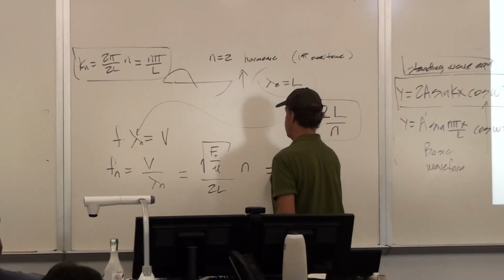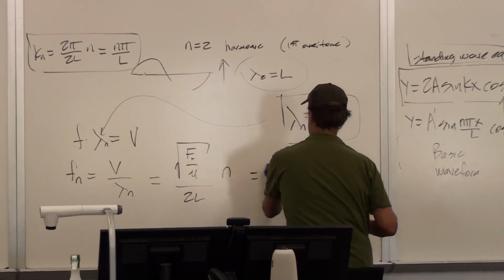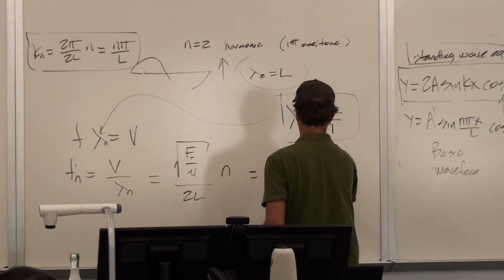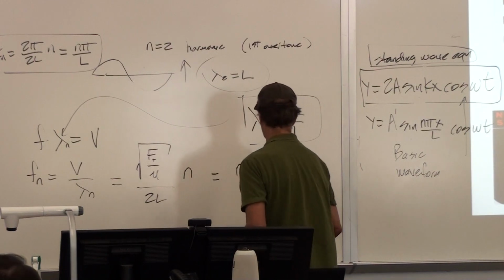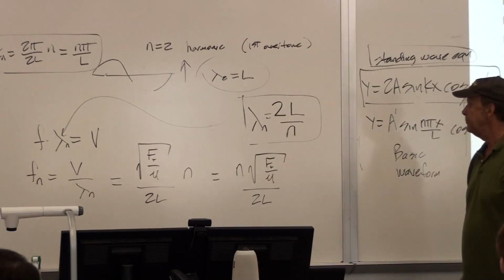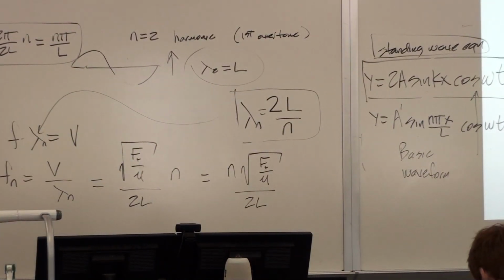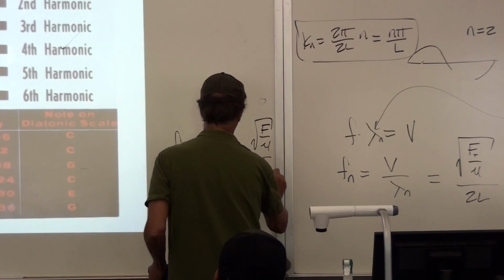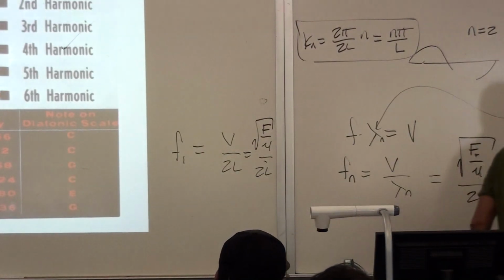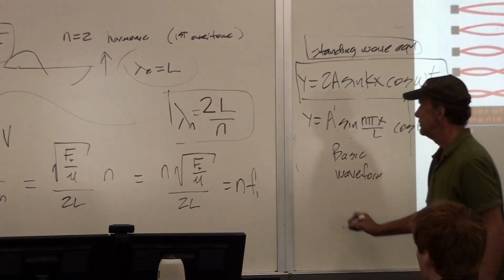And so this is going to equal n times the square root of the tension in the string divided by the mass per unit length, divided by 2L. Okay, but what is the frequency of the first harmonic? f1 is just equal to v divided by 2L, or the square root of F over mu divided by 2L. So this is just equal to n times f1, where this is the frequency of the fundamental.